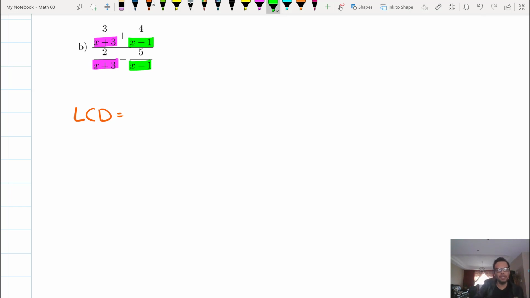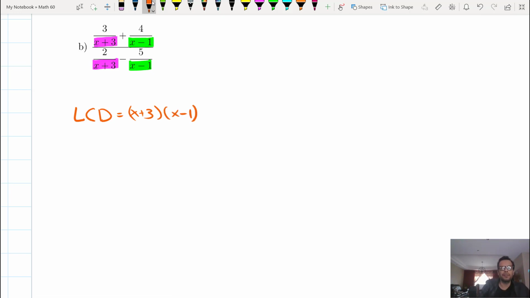However, in this case, notice there are no parentheses around any of the denominators. When there's no parentheses around and it's by itself, we can think of them as having this to the first power, but we don't need to do that. It could be understood that this is to the first power, so the LCD will be the product x plus 3 times the quantity x minus 1.